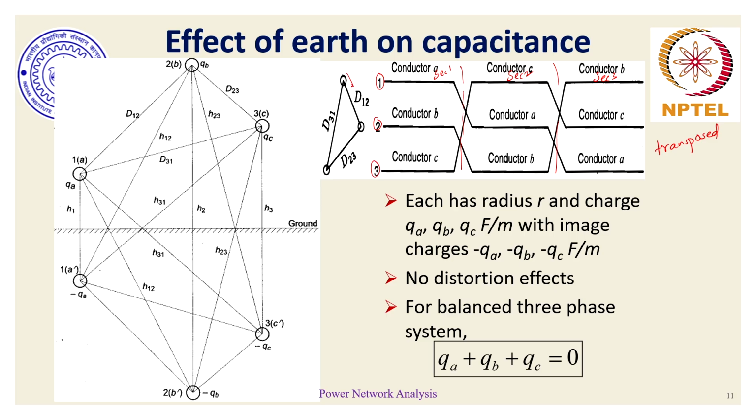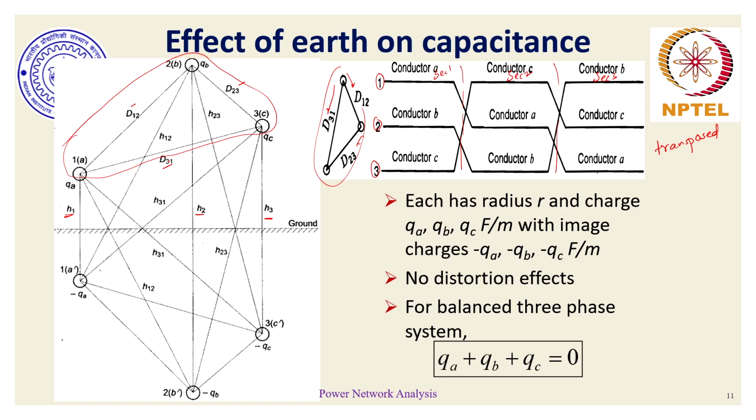These 1, 2, 3 distances are also present and the same distance arrangement is shown through this particular triangle D12, D31, D23, and these charged conductors are at distances H1, H2, H3 from the surface of earth. Their in-between distances are D12, D23 and D31.